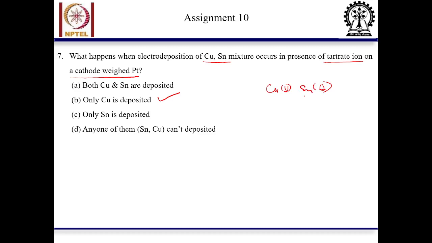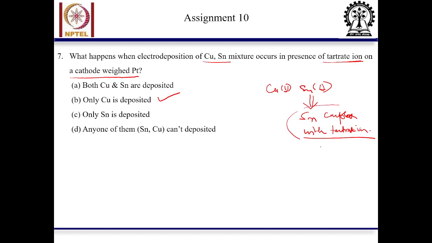But what is happening when you are using the tartrate ion? The tin forms a complex with the tartrate ion. Once you have a free metal and a metal bound in a complex, both will behave differently.